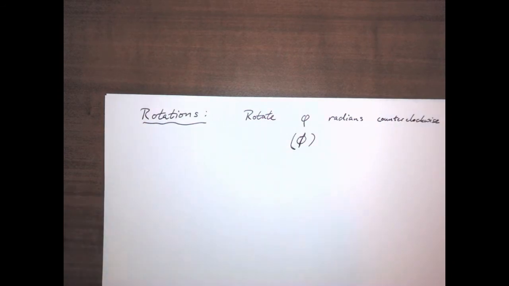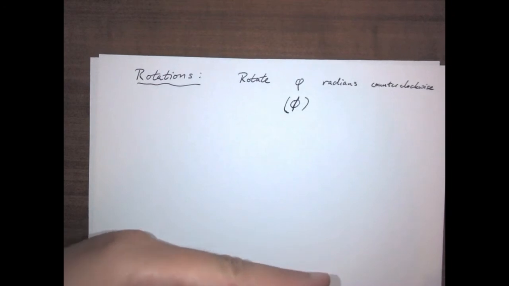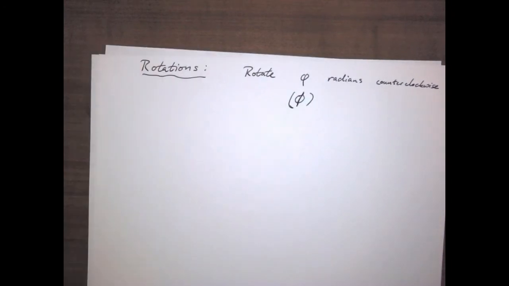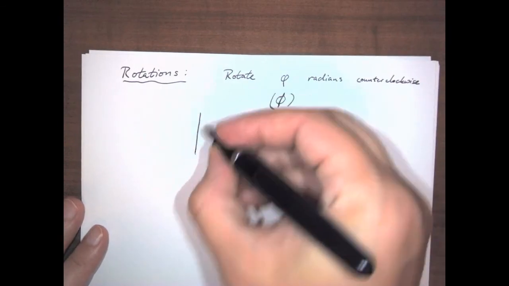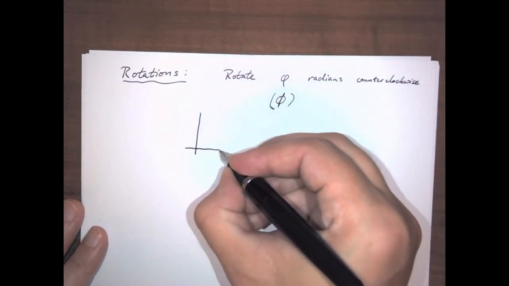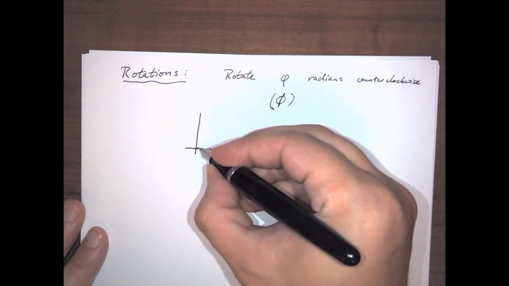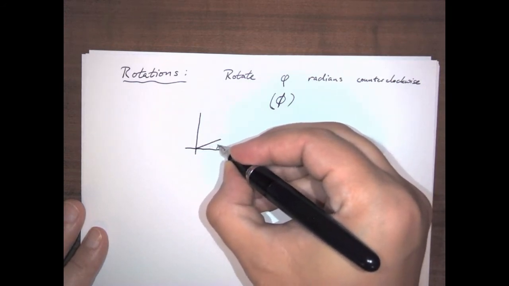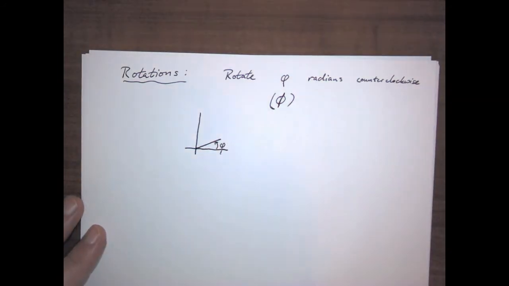The standard mathematical orientation is counterclockwise, which corresponds to a rotation from the x-axis towards the y-axis. So starting here, it would rotate phi radians that way.